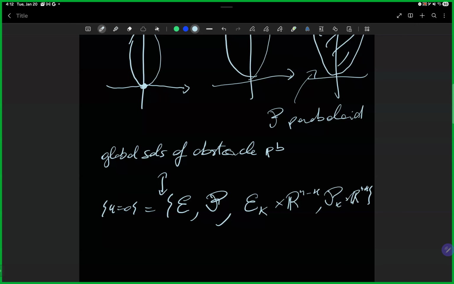You can always add artificial variables: you take a solution in R^k and then you add fake variables. So you always have these solutions. And the question is, is there anything else?